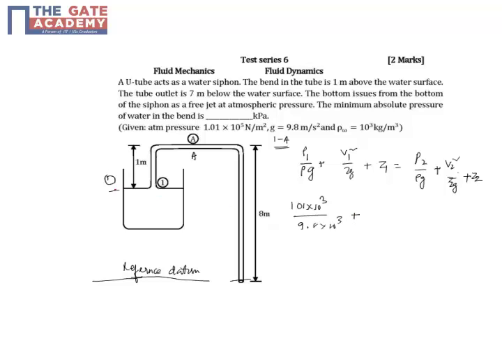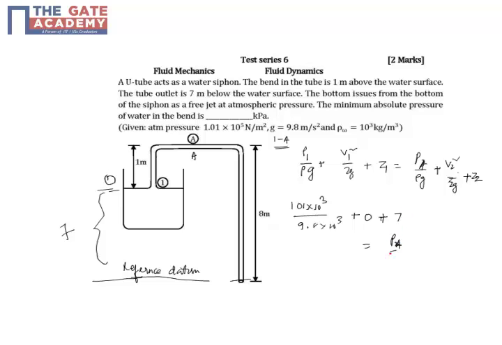V1 is 0, because we assume the tank is very large. Z1 is the height from the reference, which is 7, because this is 1 and the total is 8. P2 is what we have to calculate; actually this should be PA.